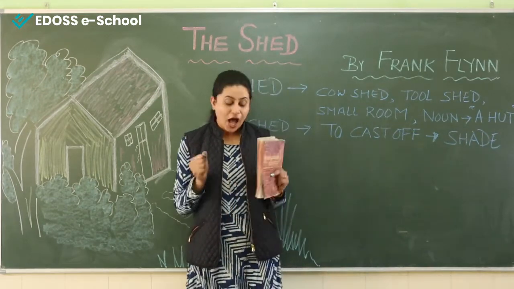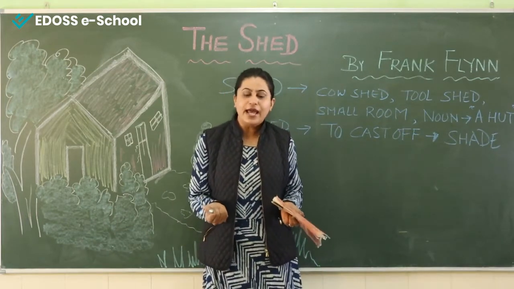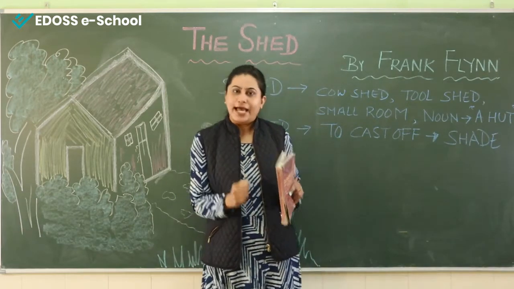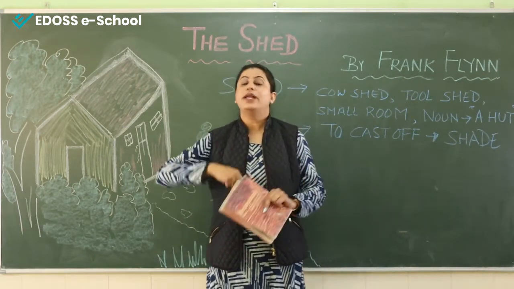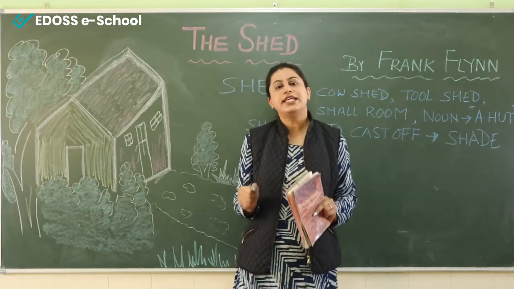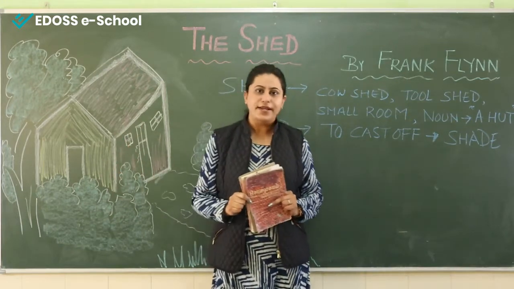So see how this small child overcomes his fear, and at the end he is confident, although a little bit hesitant. He is not aware of when he is going to enter the shed, but this is for sure that he is going to enter this shed one day.